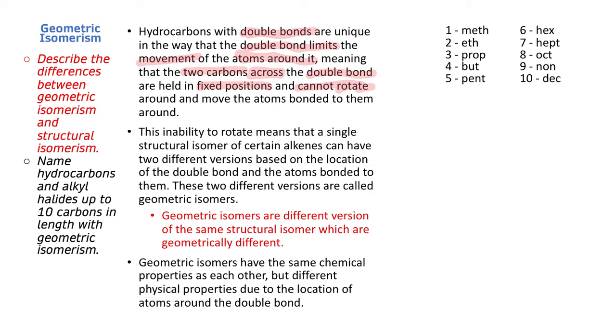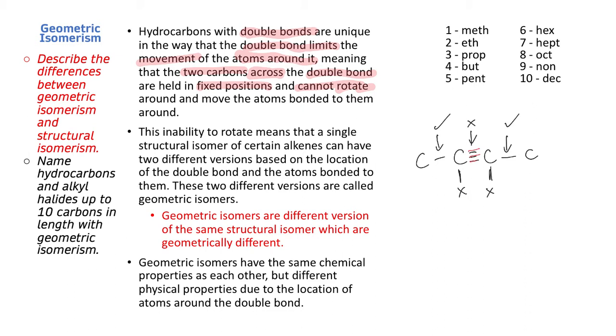Triple bonds don't allow that rotation either, but it doesn't really matter because a triple bond is going to lead to a single bond on either side, and those can rotate. It doesn't make a difference because nothing can actually be attached to these carbons, as that would be too many covalent bonds.